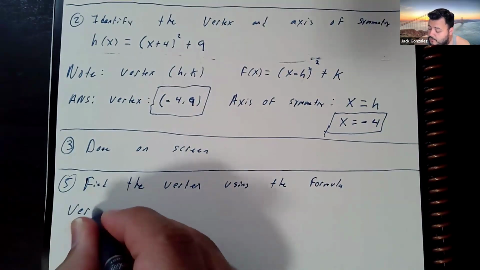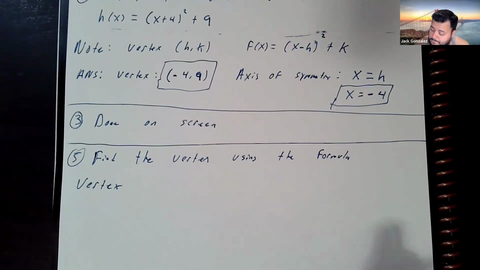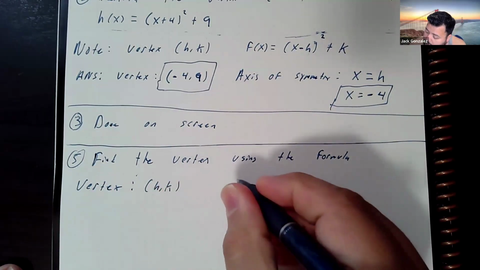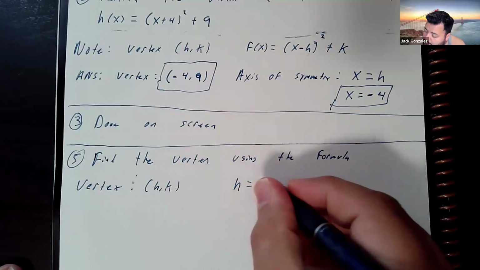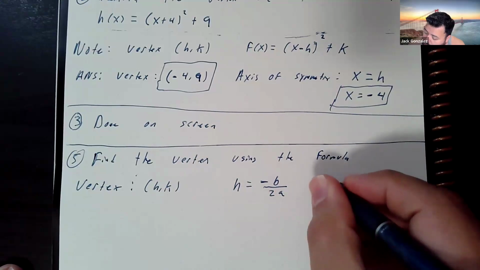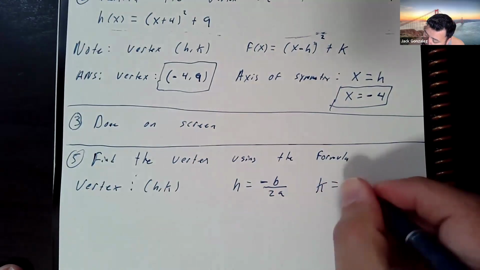So we'll make you a note right here. So the vertex is (h, k). h will equal -b divided by 2a, and then k will equal the function at that number.